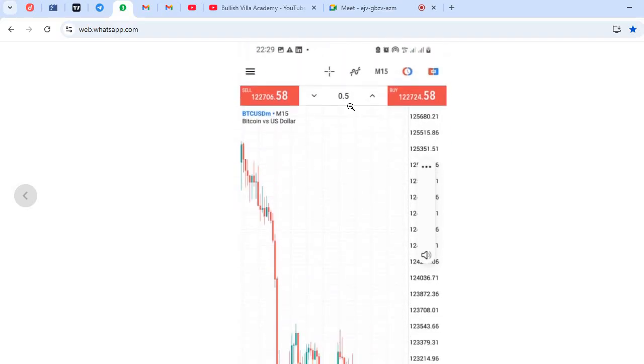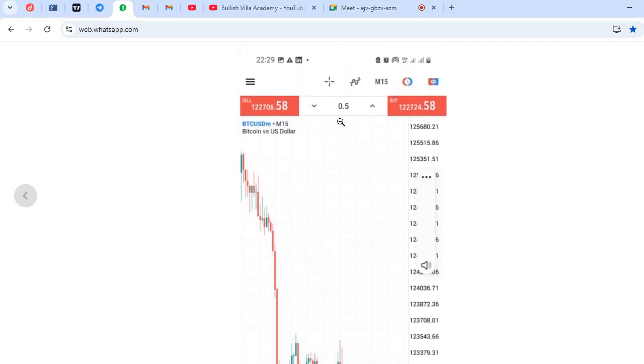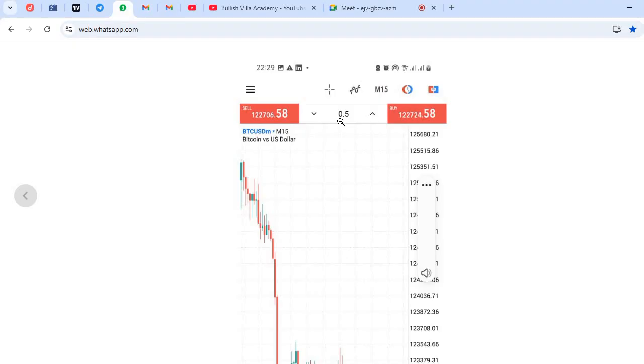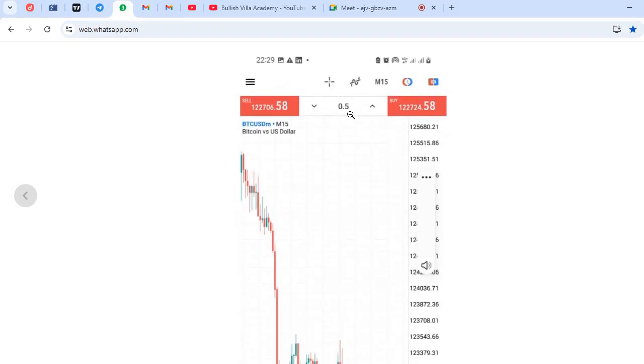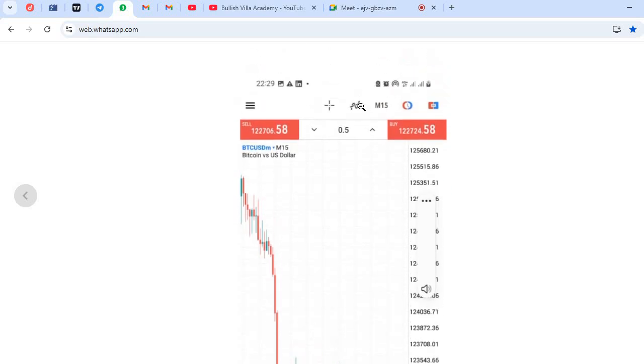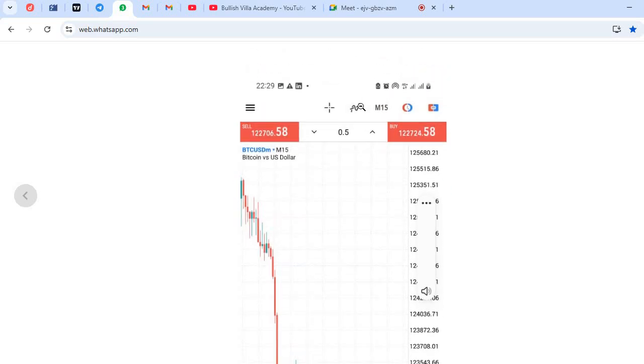Now this lot size here, I want us to change it to 0.01. Let's do that now. It's done. 0.01.